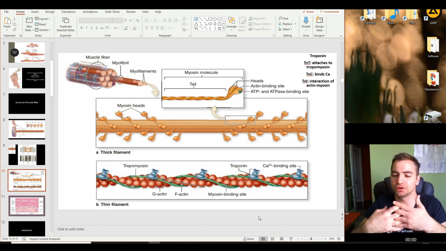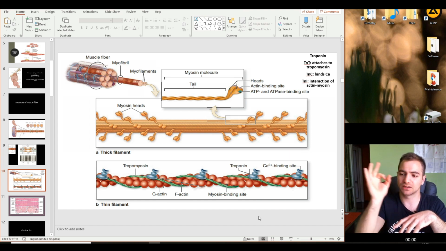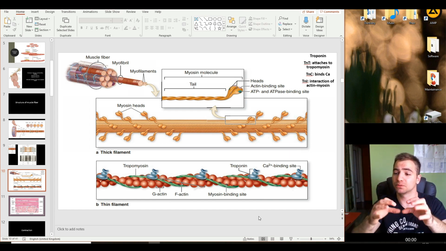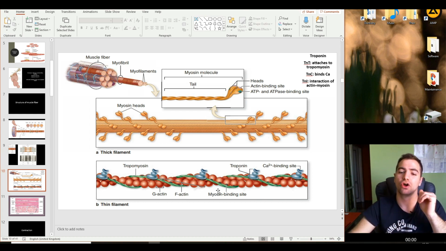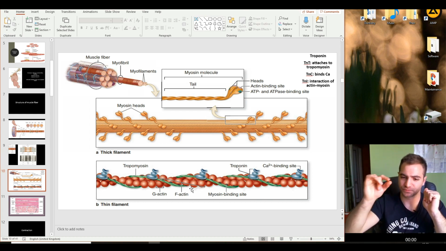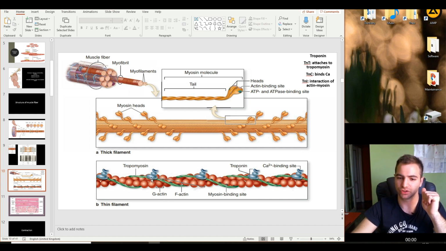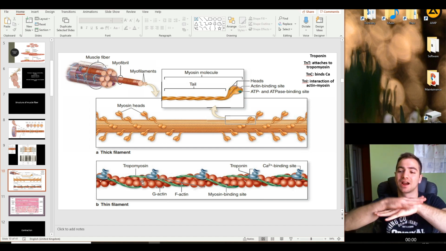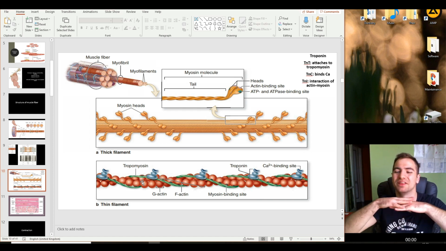G is for globular. So these tiny globular structures come together, polymerize, and form this long, thin filament, F-actin. On this F-actin, we have tropomyosin. Tropomyosin is a very, very important protein, because it covers and closes the binding sites of actin.